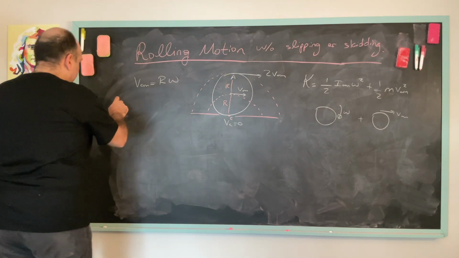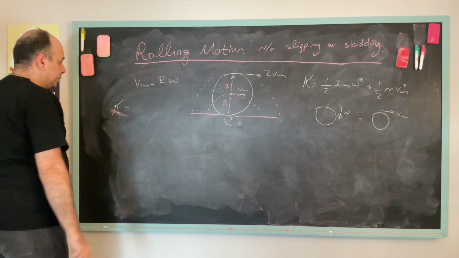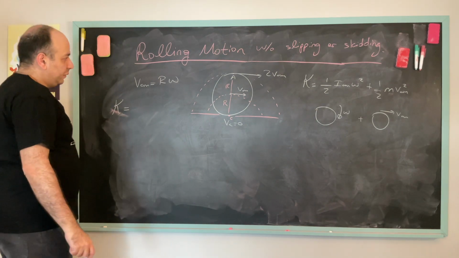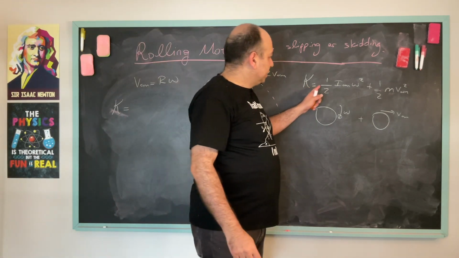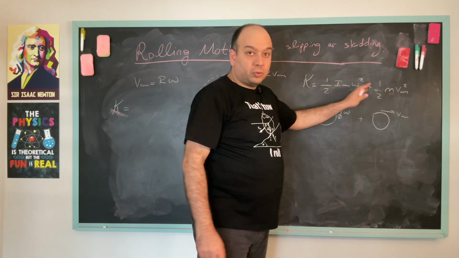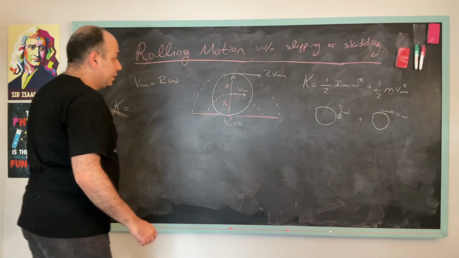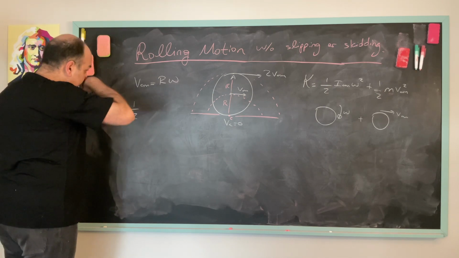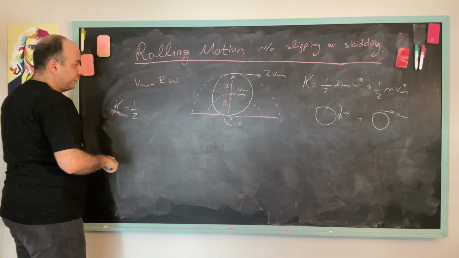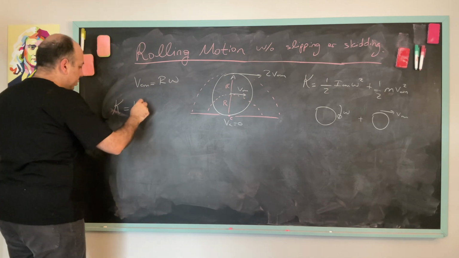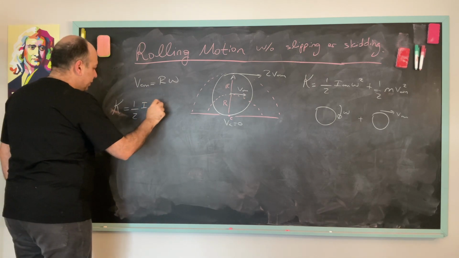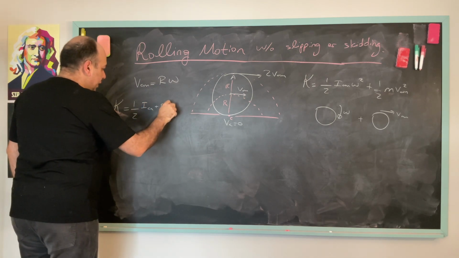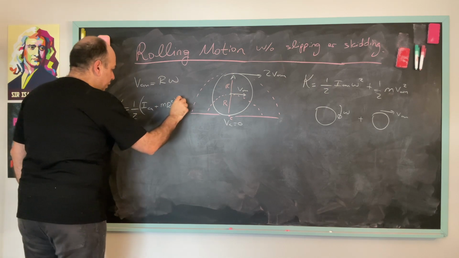So when we plug in over there, kinetic energy becomes, well, we can write kinetic energy in terms of V center of mass or omega, the way you like it. I'm going to write both of them. First, let's substitute V center of mass in the equation over there. So it will be 1/2 (I center of mass plus m r square) omega square.